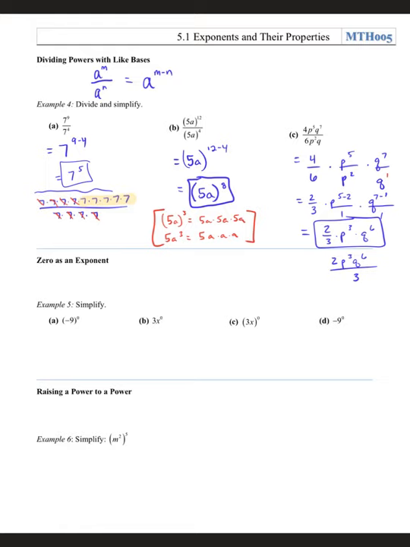Okay, the next idea here is 0 as an exponent. What I want you to do first when we get to this problem, I want you to type a couple things into your calculator just to experiment. I want you to type this exactly as you see it into your calculator. I also want you to type letter D into your calculator exactly as you see it and see what you get with those. Okay, when you type these in, with letter A you get a 1.